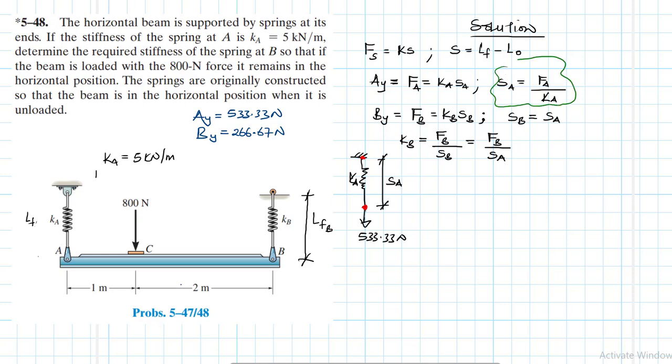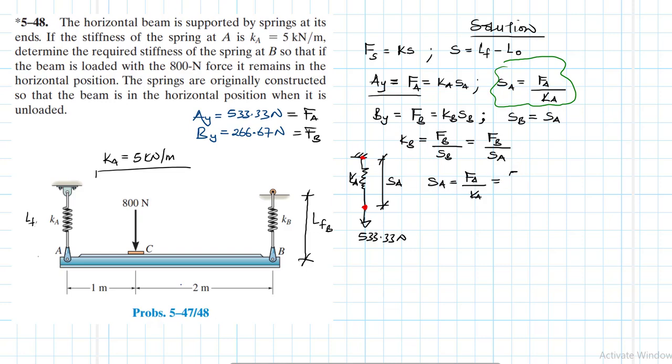Remember, this is what I started with. So my SA is going to be equal to FA divided by KA. KA is already given, and FA we already have. We said AY is equal to FA, and this one is equal to FB.